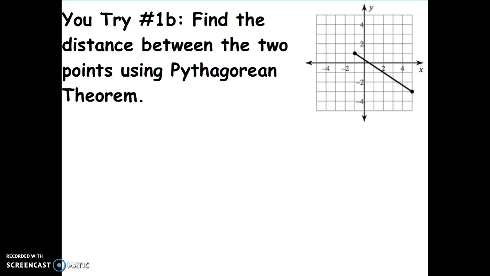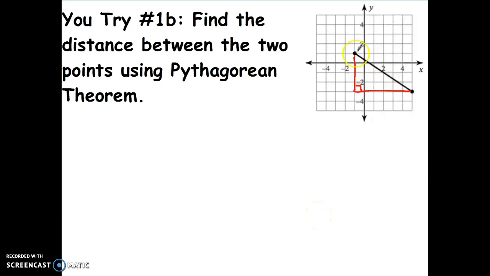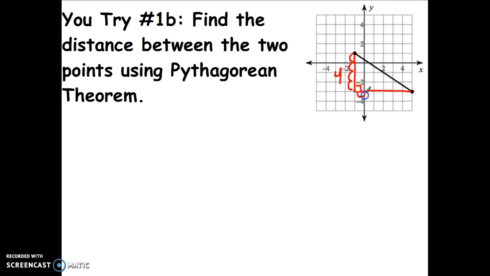All right, just like the example we just did, we're going to create a right triangle. And here's our right angle. We need to find the length of the sides. So we got 1, 2, 3, 4. And 1, 2, 3, 4, 5, 6. We're going to write down Pythagorean's theorem, a squared plus b squared equals c squared.